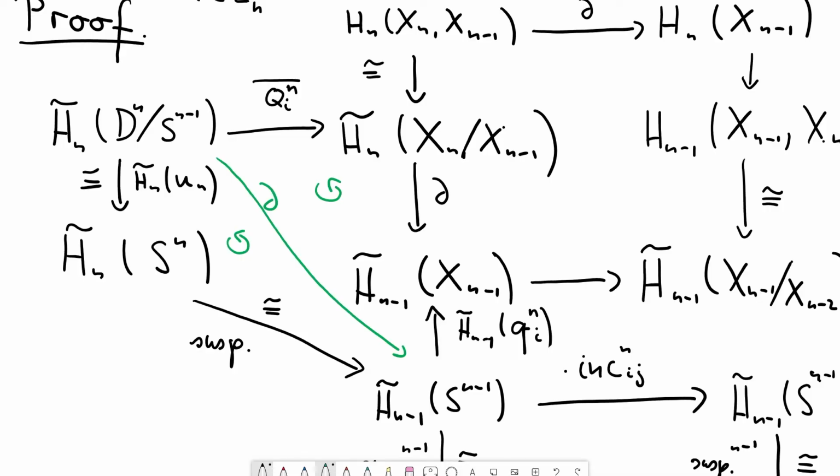So I've got my long exact sequence of the pair (X^n, X^{n-1}), the (n-1)-skeleton included in the n-skeleton, and I've got my long exact sequence associated with the inclusion of the (n-1)-sphere in the n-disk. And I have a map of spaces between these pairs, and this induces a map of long exact sequences. And this commutativity is just the commutativity of the boundary morphism part of this map of long exact sequences.